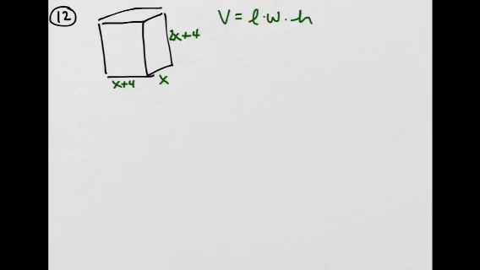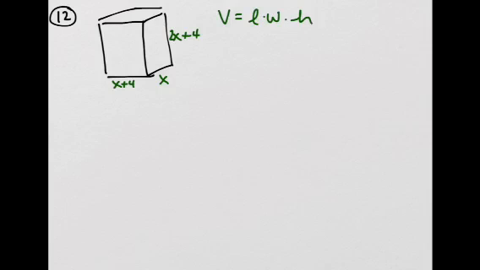Alright, so here's number 12. It tells you that they have a rectangular box, where the width is 4 inches longer than its length.